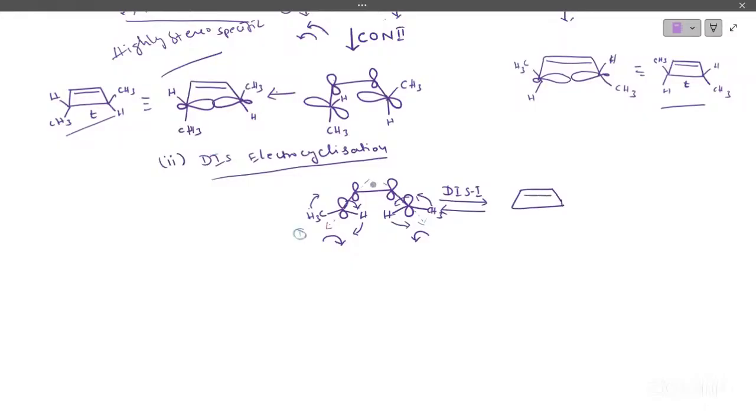Then there is a pi bond between these two orbitals, C2, C3, and after completion of the rotation, what's happening? The inside group is moving down, therefore hydrogen is here.